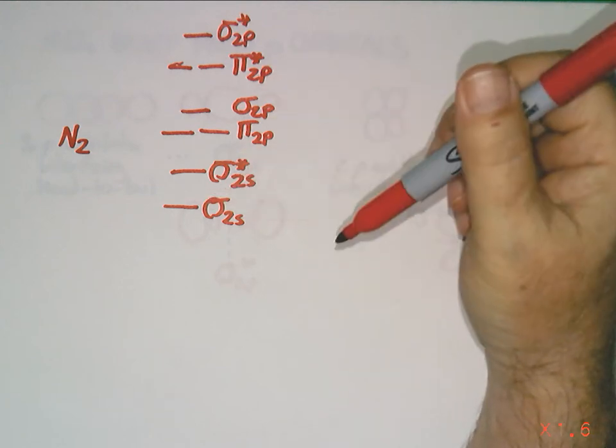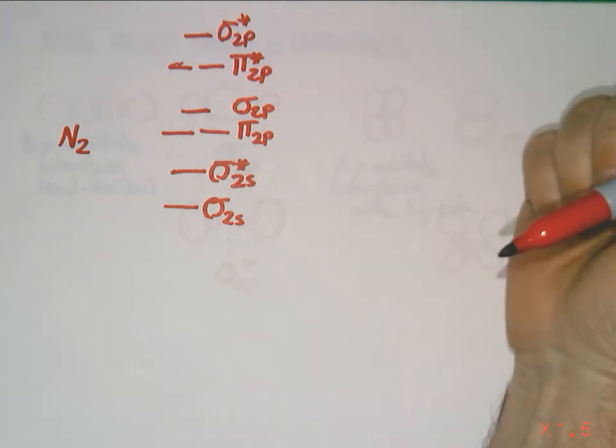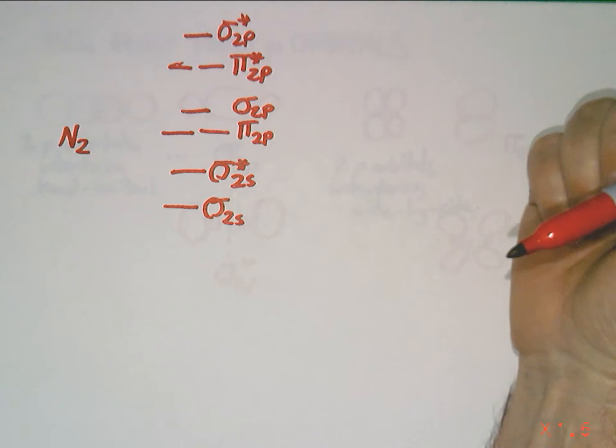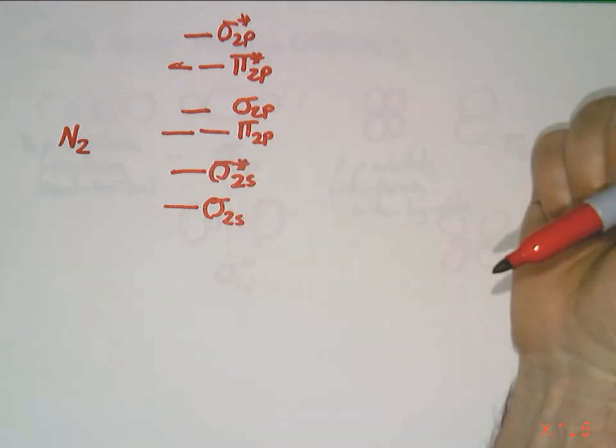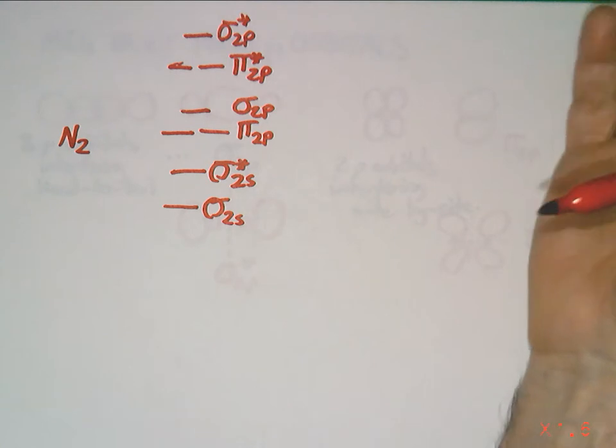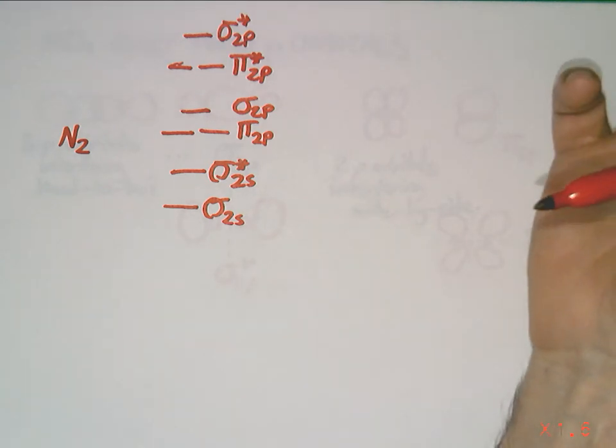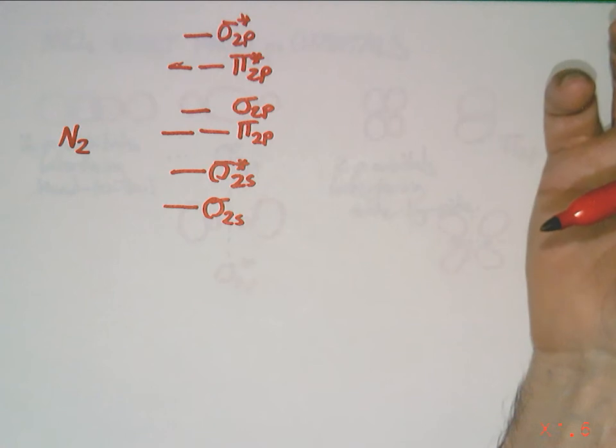Let's fill in the molecular orbital diagram for N2 and see what kind of bond order we get for it. Well, how many valence electrons do I have in each nitrogen? If you look at your periodic table the same way we always have, and if you look at where nitrogen is, you have 5 valence electrons for each nitrogen, so there are 10.